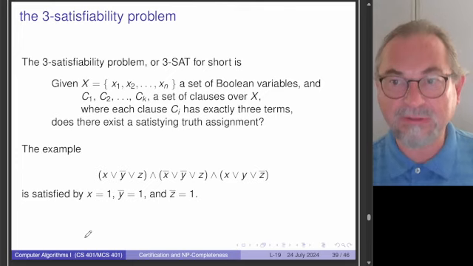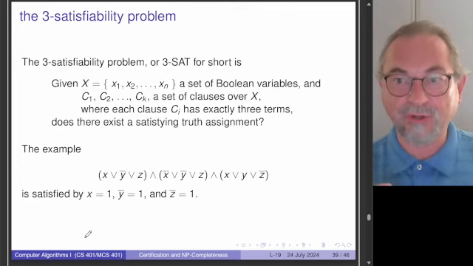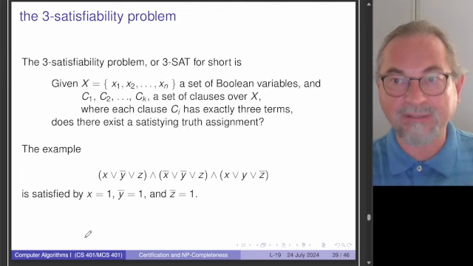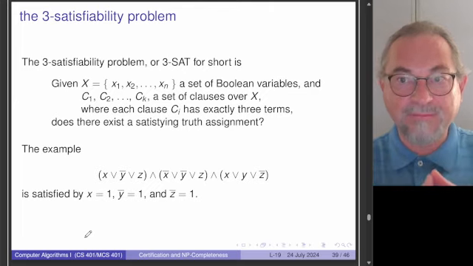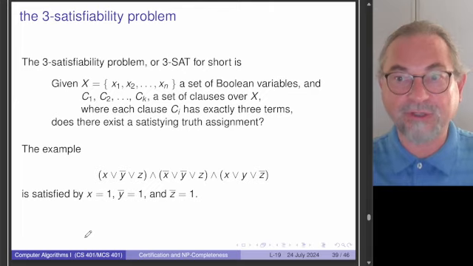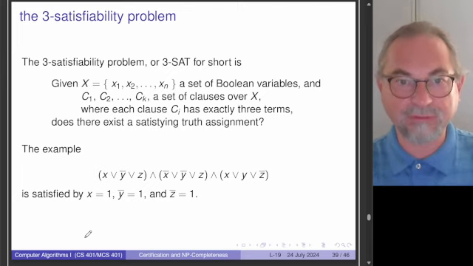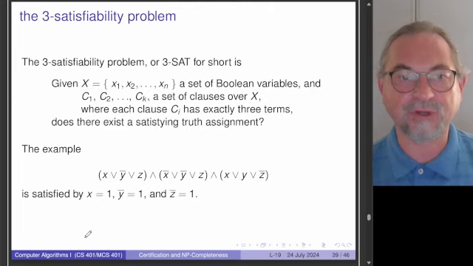Every clause consists of three terms, where a term is either a Boolean variable or the negation of a Boolean variable. We have a set of k clauses, and we ask, is there an assignment of our Boolean variables such that all the clauses are true? So the conjunction of all these clauses of exactly three terms is true.